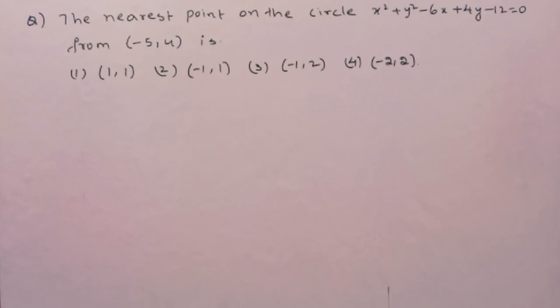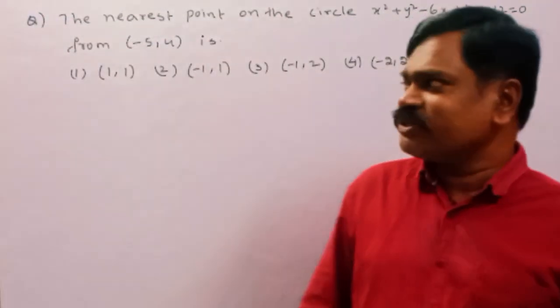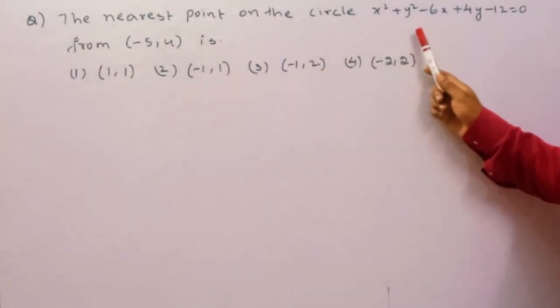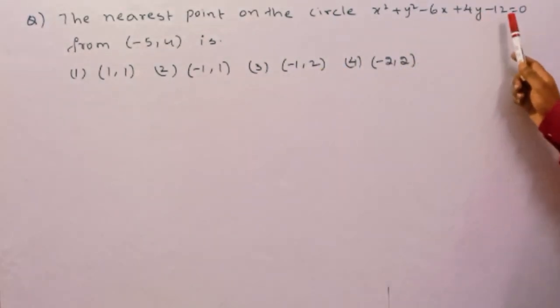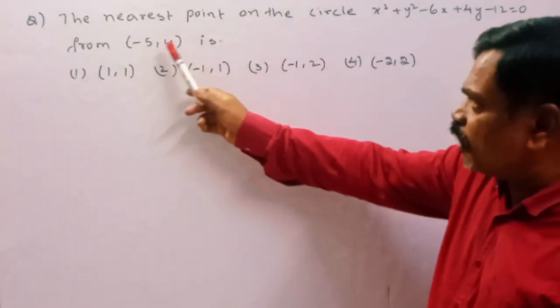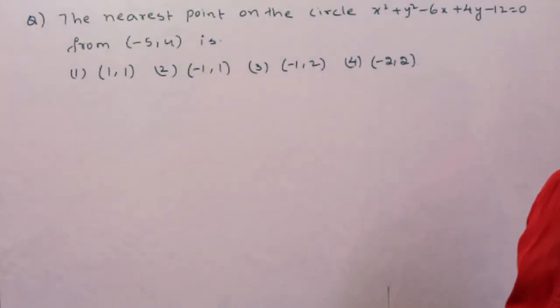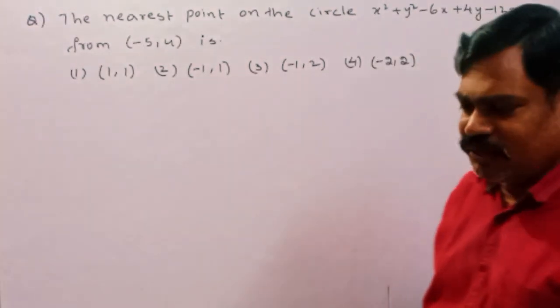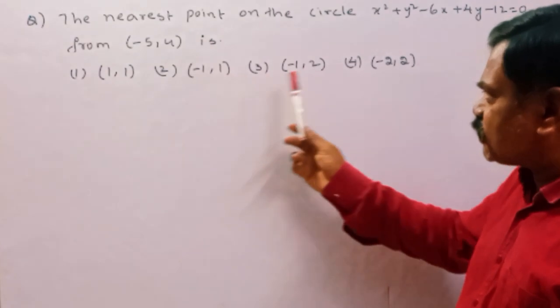Here is one more problem on circles. Find the nearest point on the circle x square plus y square minus 6x plus 4y minus 12 equal to 0 from minus 5 comma 4. So here we have to find the nearest point on the circle. These are the points given.